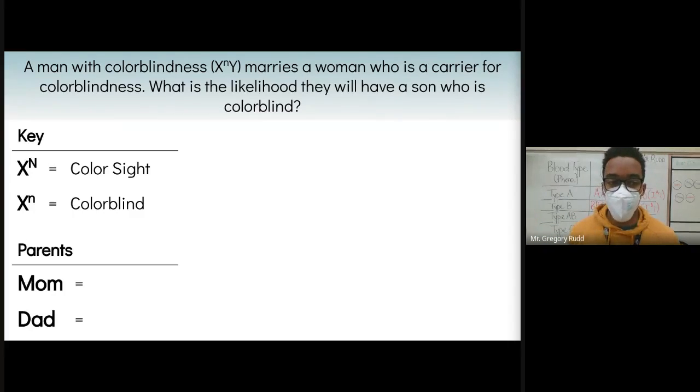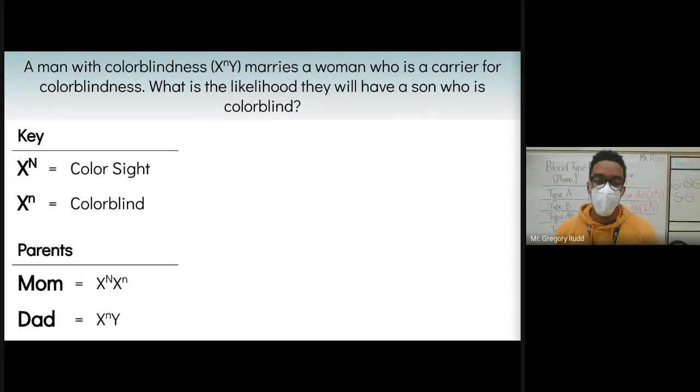But you're right. So X capital N and X lowercase n. And then, Breon, what does it tell us about the father in this question? He is colorblind. It says a man with colorblindness. And so what is his genotype? Yeah, X lowercase n y.